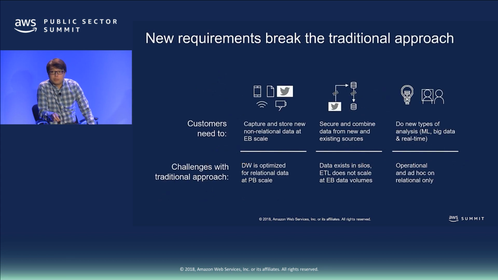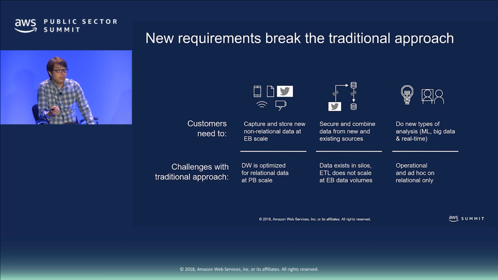And this is the way things have been going for quite some time, right? And as time evolves, technology evolves, requirements evolve, and new requirements now break the traditional approach upon which we need to look at our data. So our business customers think about these new and innovative sorts of use cases, such as capturing and storing new non-relational data at the exabyte scale, securing and combining data from new and existing sources, right?